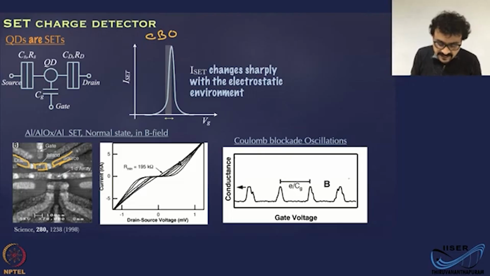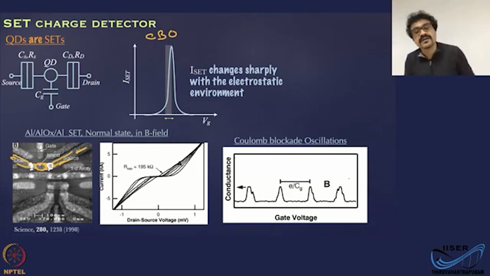There is one here and there is one here, connected to the source and drain region, and you have this small island in the middle, that is the quantum dot. And in this diagram you can see a bunch of other tunnel junctions too, which are not our focus for this discussion.